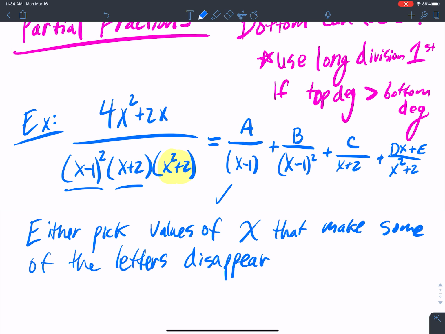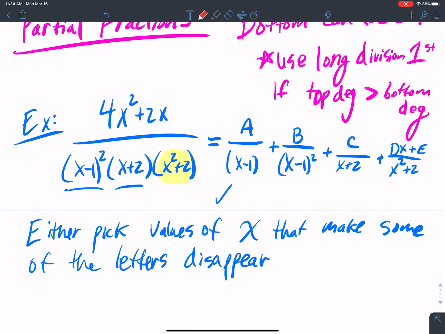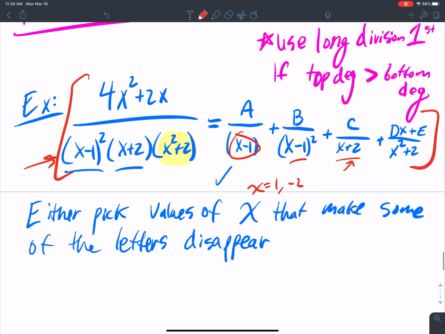Okay, so for this particular problem, if I picked like, I don't know, x equal to 1, plug a 1 in, that goes away, that goes away. If I plug a negative 2 in, that thing might go away. So x equal to 1, negative 2, those would make things go away whenever I multiply everything by this denominator here.